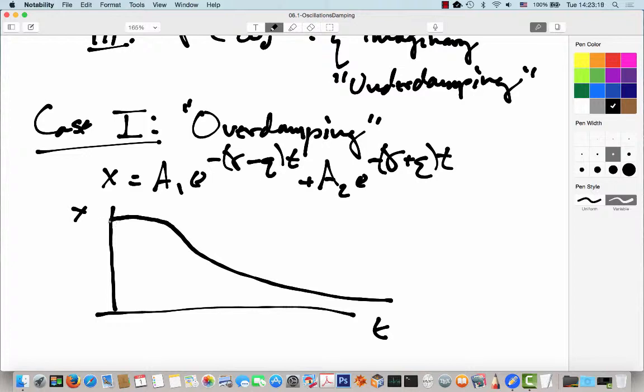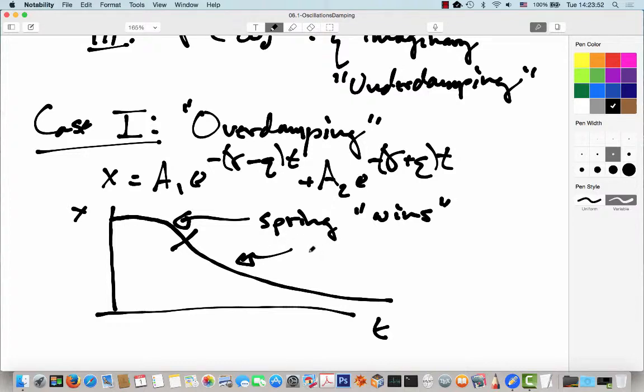Now the way I like to think about it is you can see here at first it's getting faster and faster and faster as it's heading back to the equilibrium position, and then it tails down.